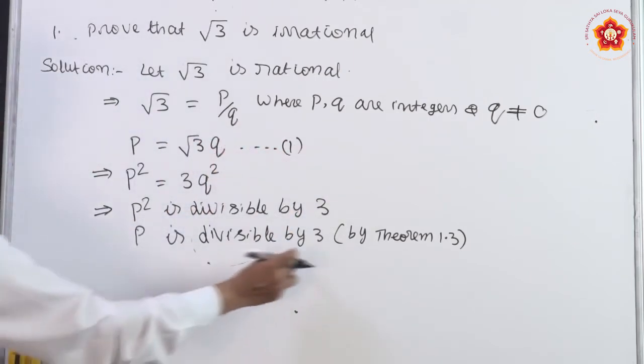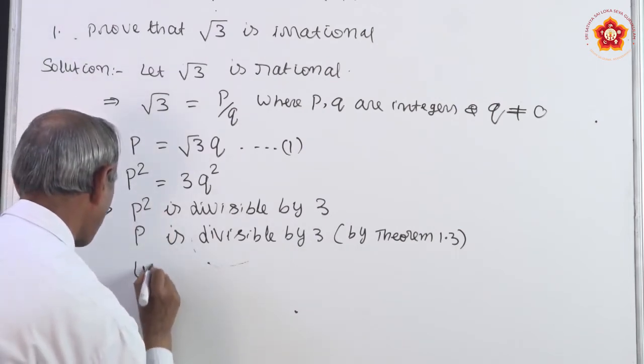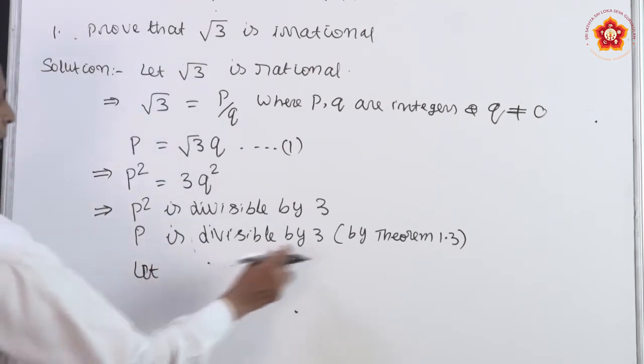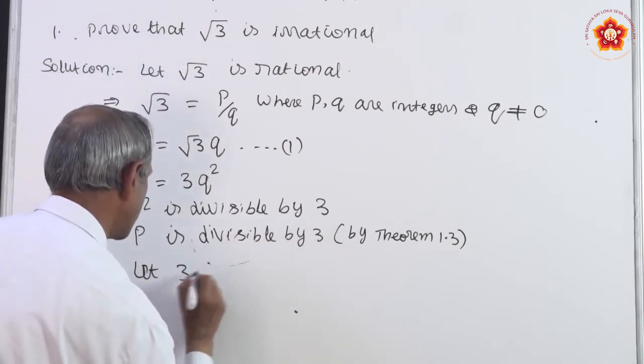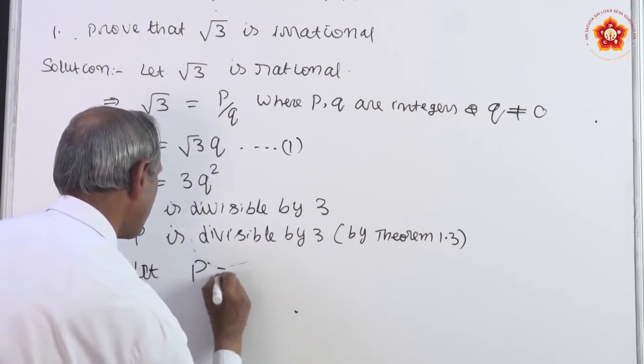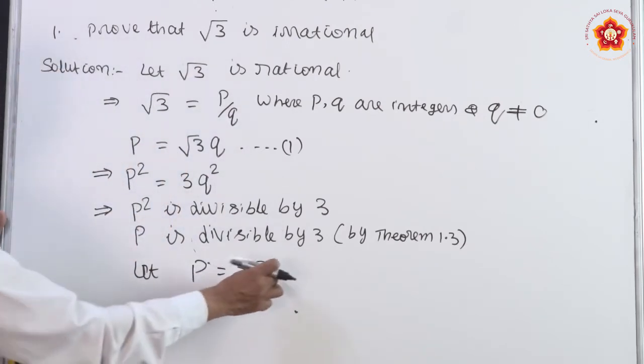Now p is divisible by 3. So let us take p is equal to 3c, because p is divisible by 3, where c may be any constant.